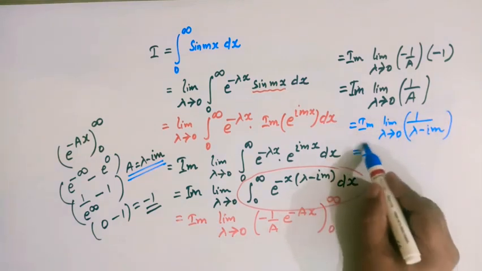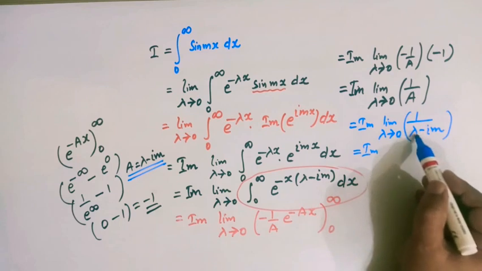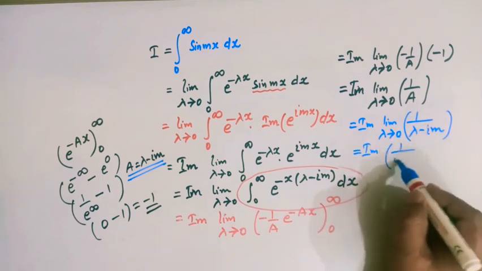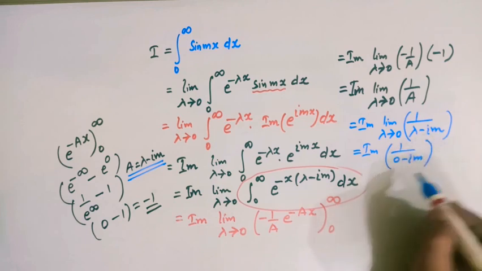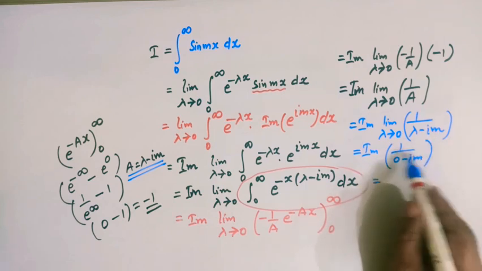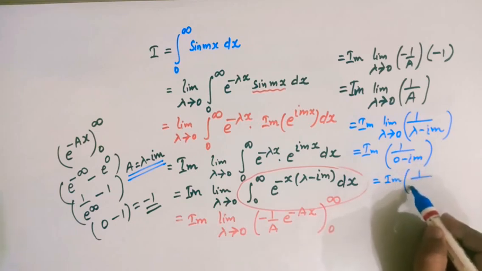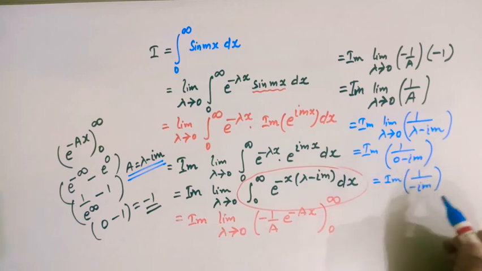As lambda tends to 0, we substitute lambda equal to 0, so we have 1 over 0 minus iota m, which is the imaginary part of 1 over minus iota m.